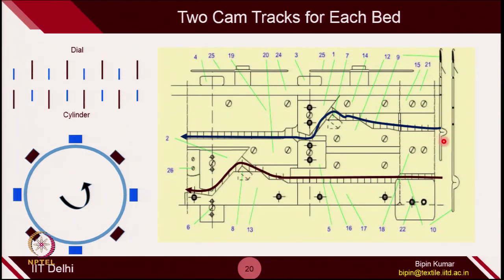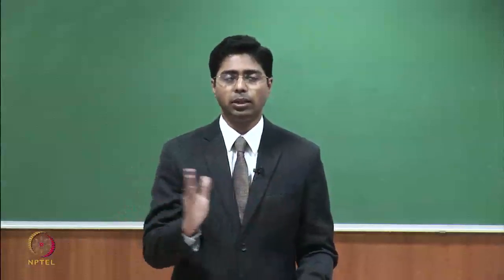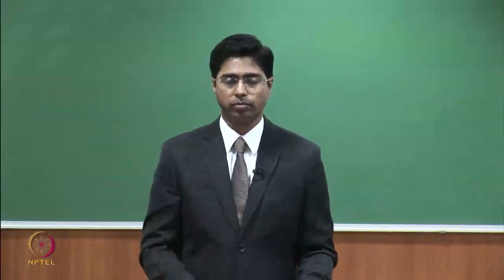But in the case of short butt needles, when the cylinder needle is resting, the short butt needle is engaged in knitting action, and when the short butt needle is resting, the cylinder needle is active in knitting. This is how the timing is set, so that both long as well as short butt needles take part in knitting alternatively, and this is done to avoid collision with the dial needles.